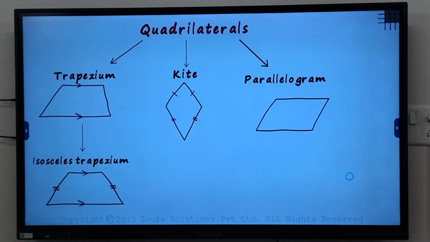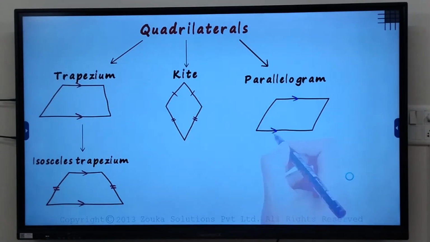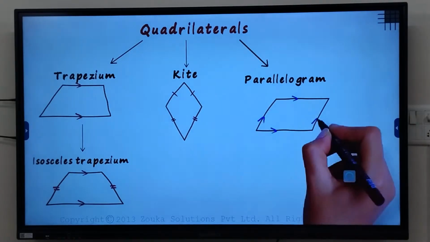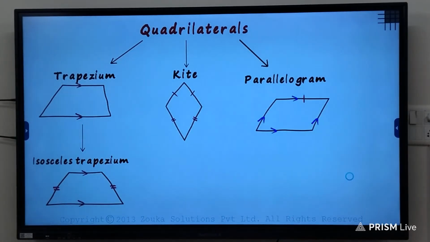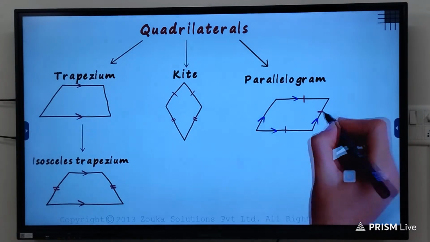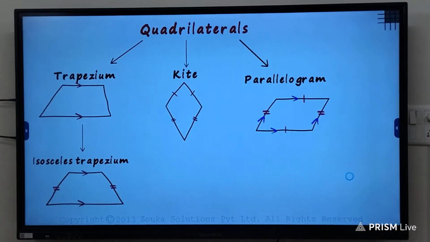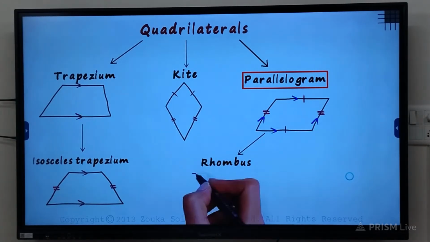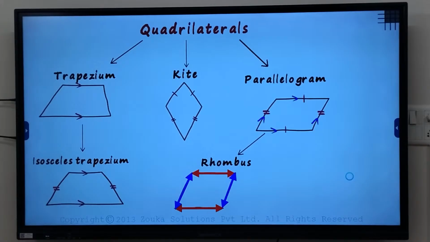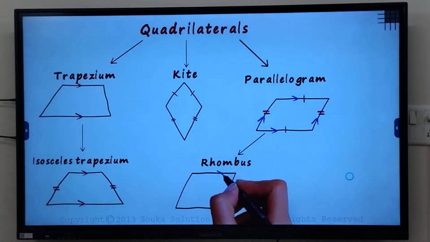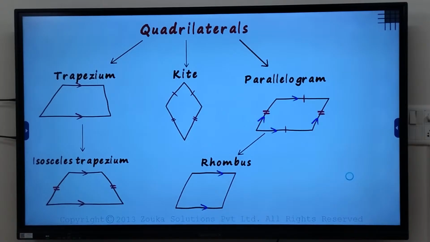A parallelogram has its opposite sides parallel. This side will be parallel to this side, and this one will be parallel to this one. This side will be equal to this side, and this side will be equal to this side. And a special case of a parallelogram is a rhombus, which looks like this. Its opposite sides are parallel to each other. This side will be parallel to this side, and this side will be parallel to this side. It has all its sides equal to each other.